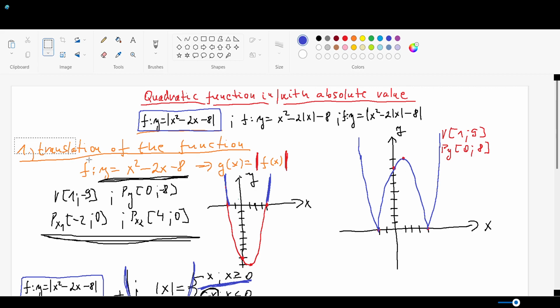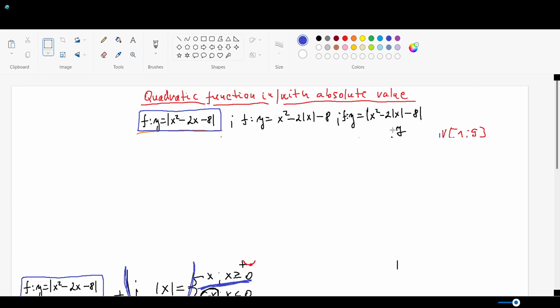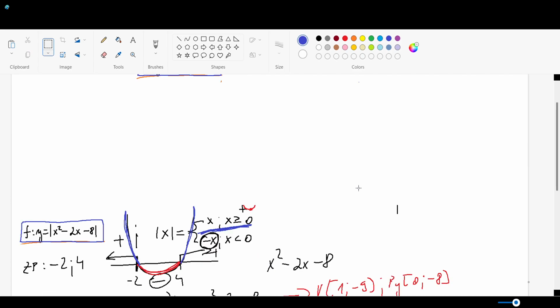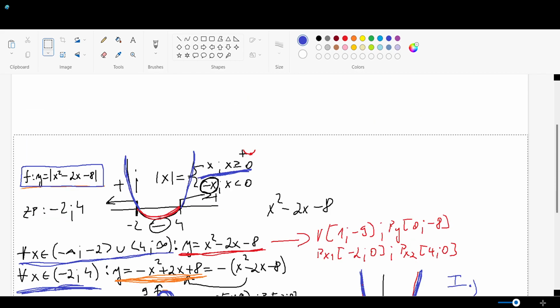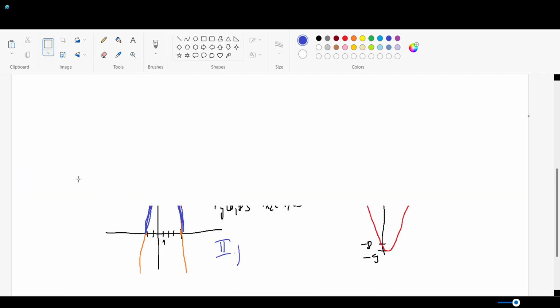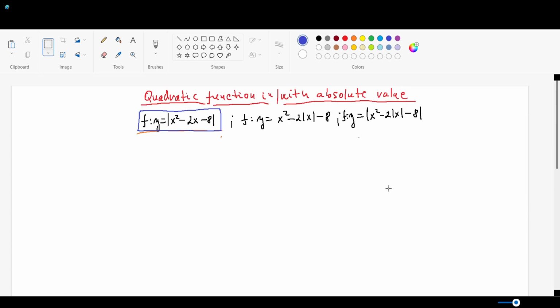Now let's go to the second example. I'm sorry, vice versa. And the second function, I need to clear this one because I'm quite sure I will need this space as well.